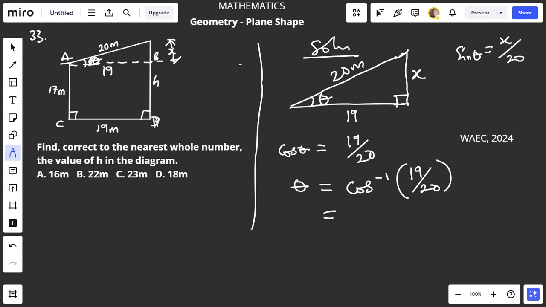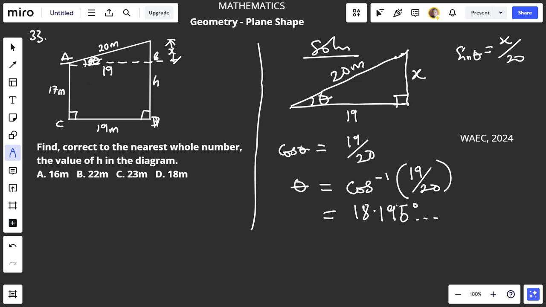Since in WAEC you are allowed to use a scientific calculator, if you input cos inverse of 19 over 20, you are going to have that theta is 18.195 degrees.